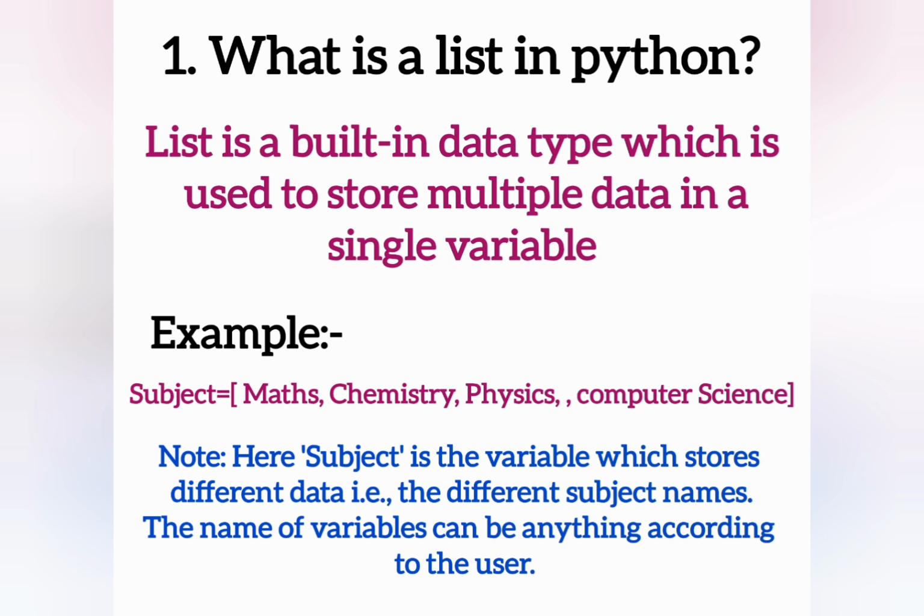Here subject is my variable, so whatever data we write will be stored in the variable subject. Here I have created a list which contains subject names: math, chemistry, physics, computer science. These are the elements of the list, the data which I want to store in my list and in the variable subject.